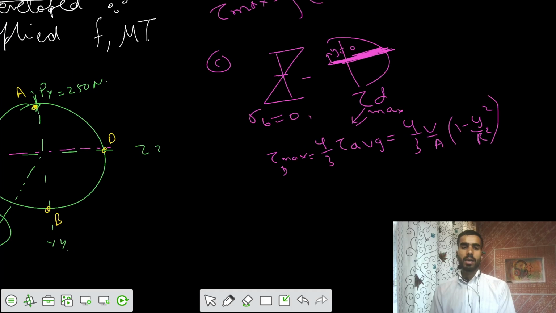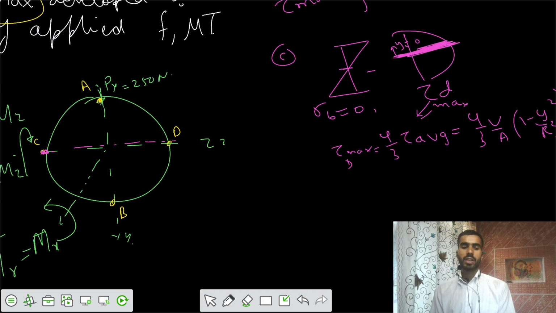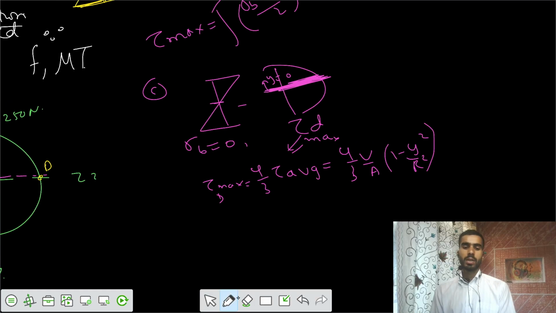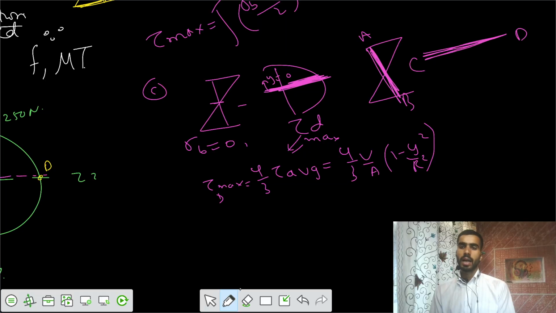And after that, the shear stresses developed because of torsion are in this fashion. So this was for the plane AB. And if you take plane CD, this line CD, here also we have tau max because of torsion.